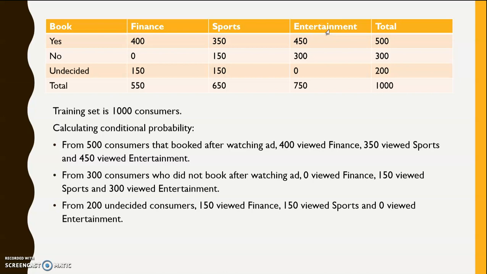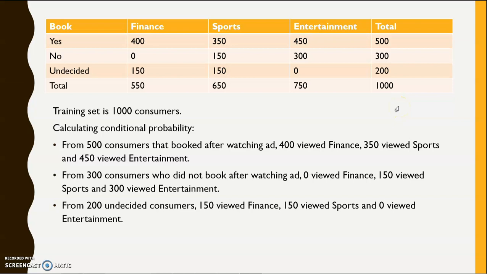So it's not necessarily that these consumers visited finance and then sports and then entertainment. Remember that with naive Bayes, the evidence is considered in isolation, and only after that combined together.